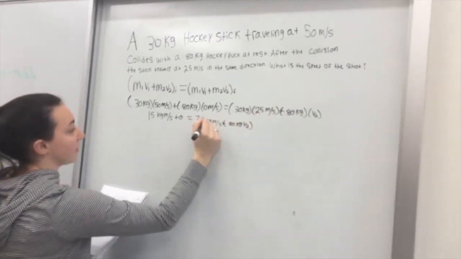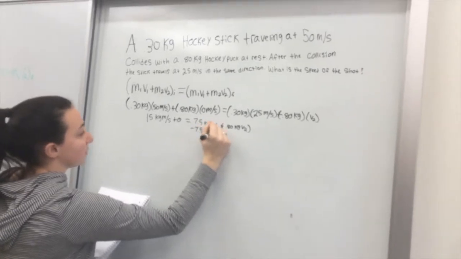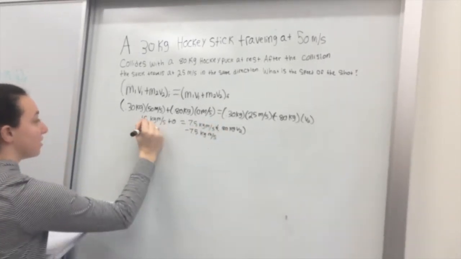So we subtract 7.5 kilogram meters per second from both sides.